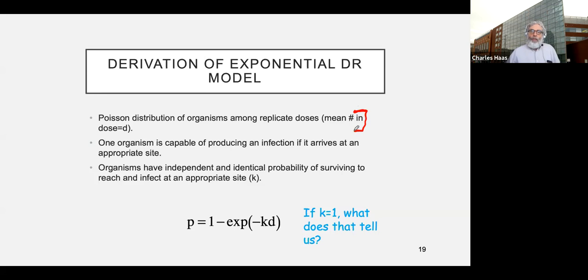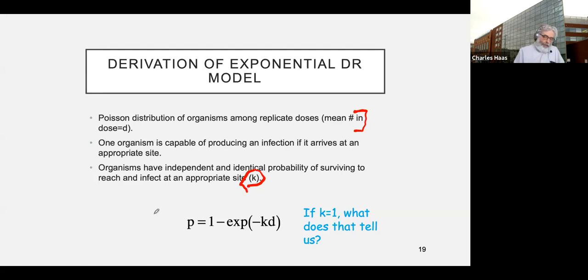A single organism is capable of producing an infection if it arrives at an appropriate site. You don't need two to coincidentally arrive. And then each organism has an independent, identical probability of surviving to reach and infect at that site. And that individual survival probability is described by the parameter K.